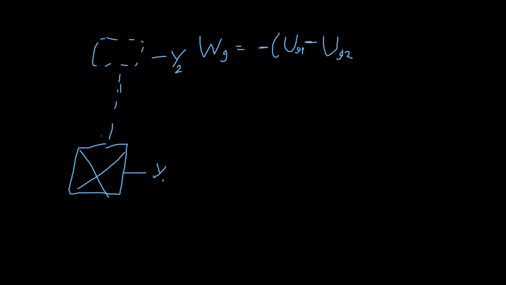This is going to include the y2. And as you can see, it's really just the inverse. So we'll write the inverse as UG2 minus UG1.